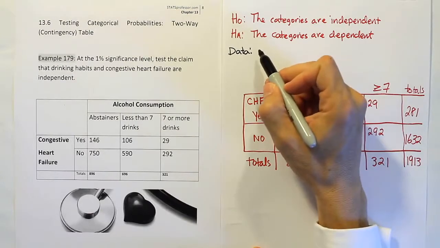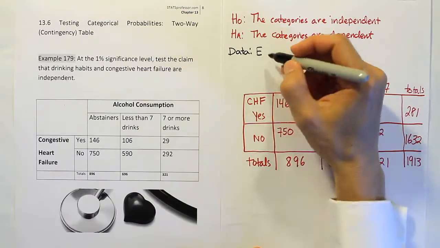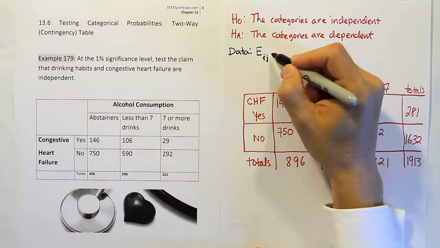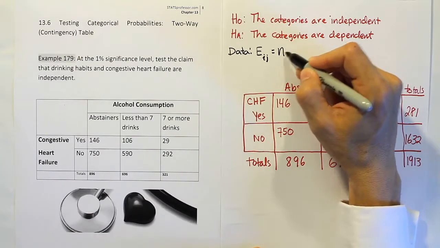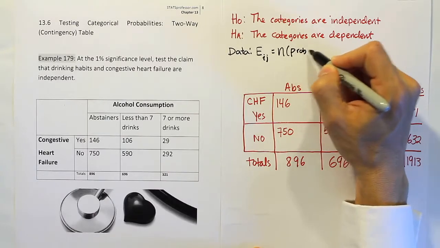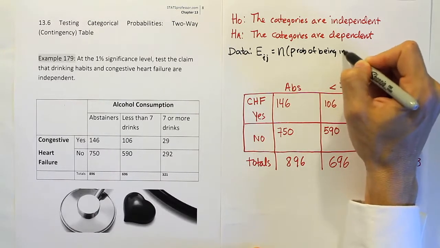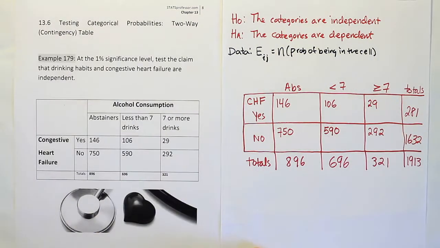Well, basically that's going to be based on the sample size. The expected value for a particular cell, let's say the IJ cell, is going to be based on the sample size times the probability of being in the cell. That's essentially the logic of the expected value.